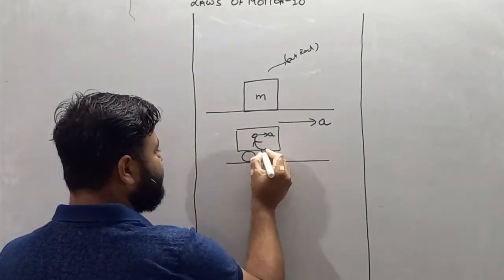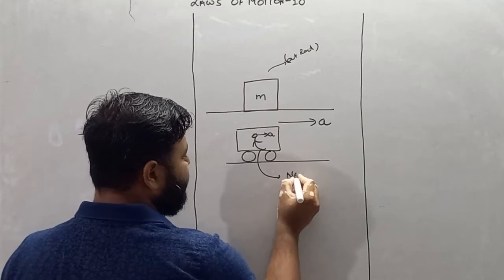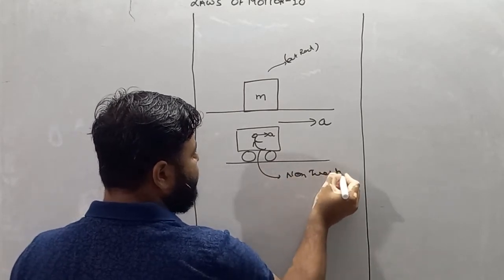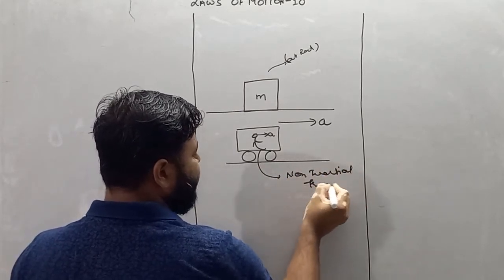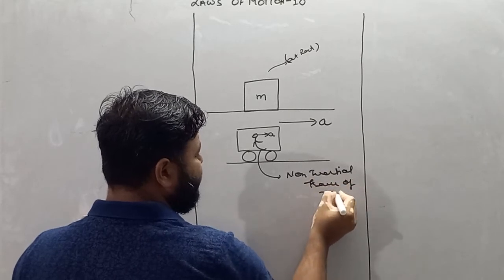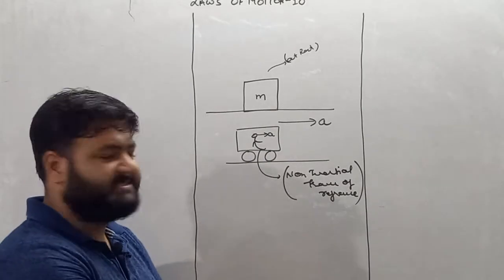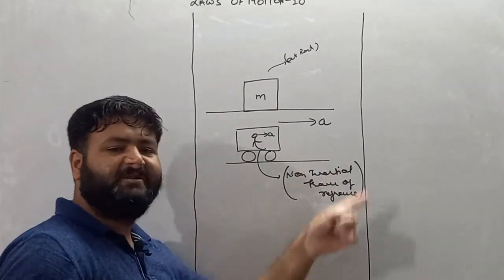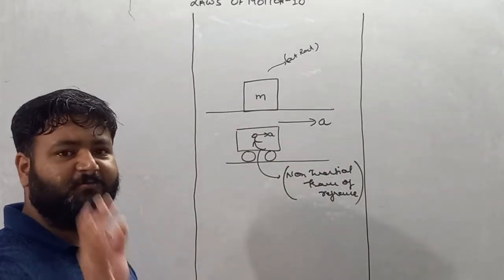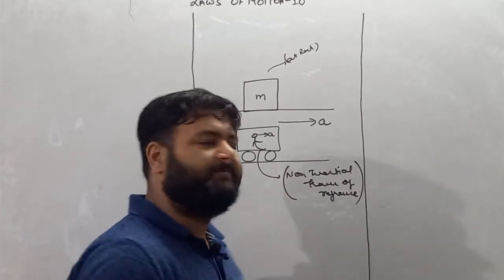So dear student, this observer is now in a non-inertial frame of reference. Now see, under the condition of a non-inertial frame of reference, I'll tell you how to make the FBD.